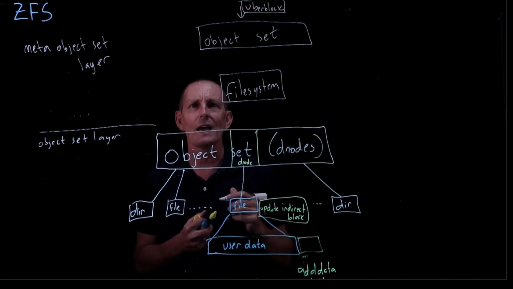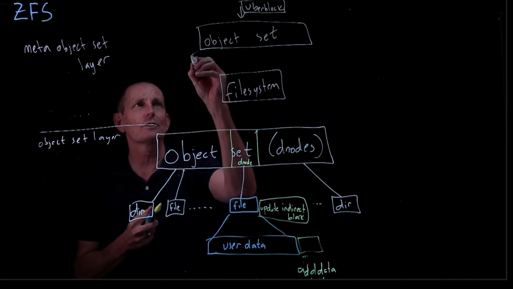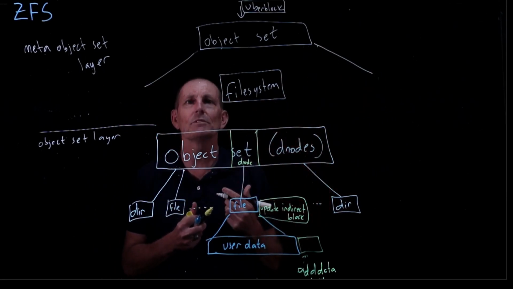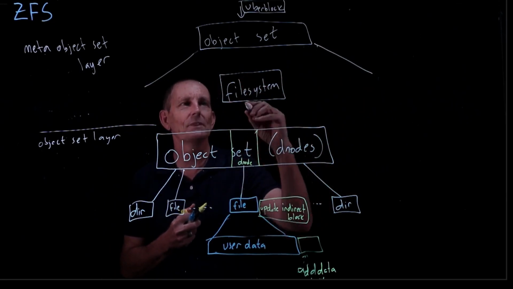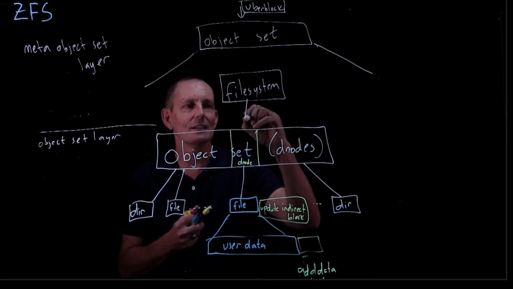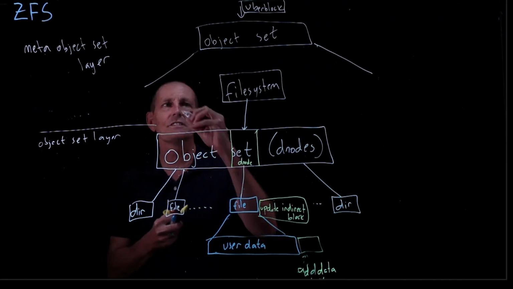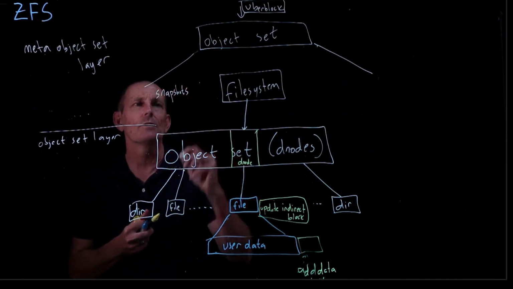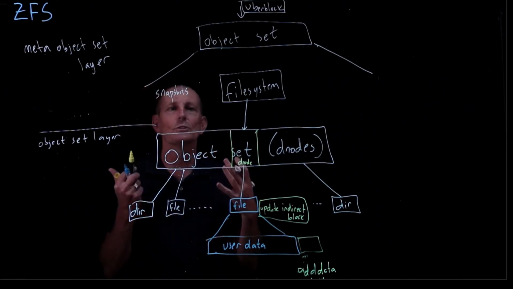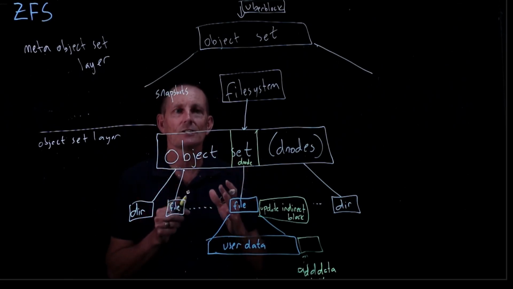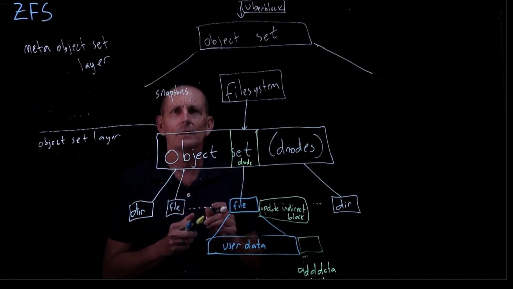So the object set has a lot of contents in it. The contents include multiple file systems. Every file system just contains a reference to an object set. We have snapshots. So this is the idea of I want to capture the contents of my file system at a particular point in time.